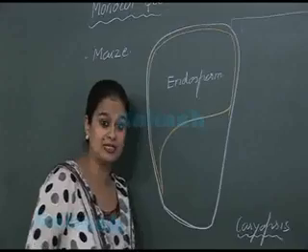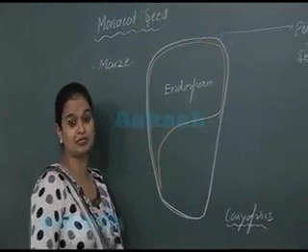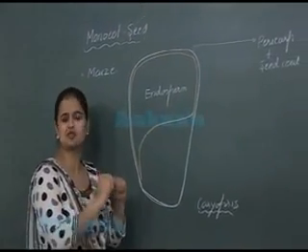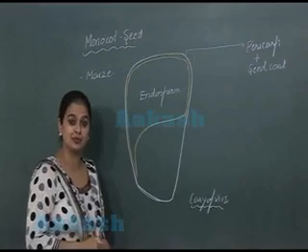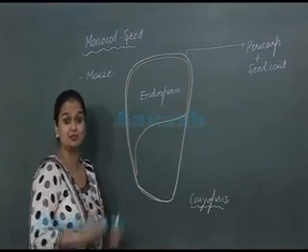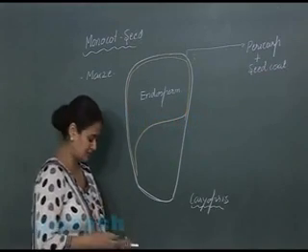As I have already discussed, in the case of the mature dicot seed, the endosperm is generally absent, and in the monocots, the endosperm is present.